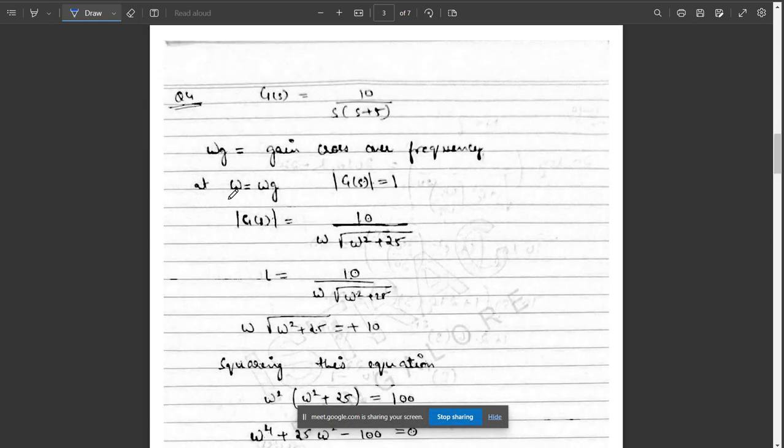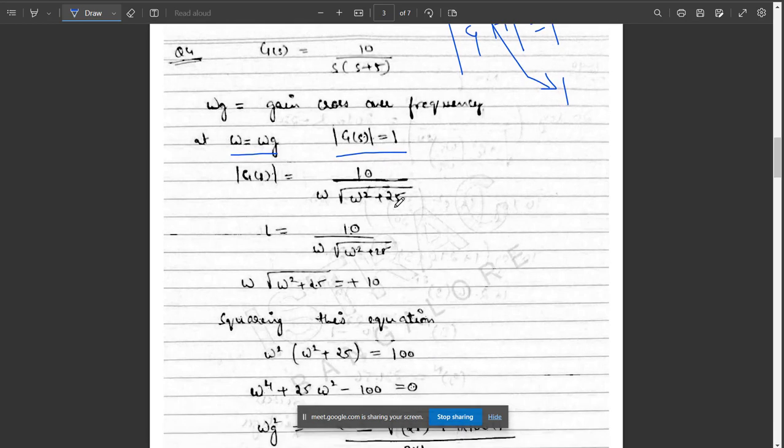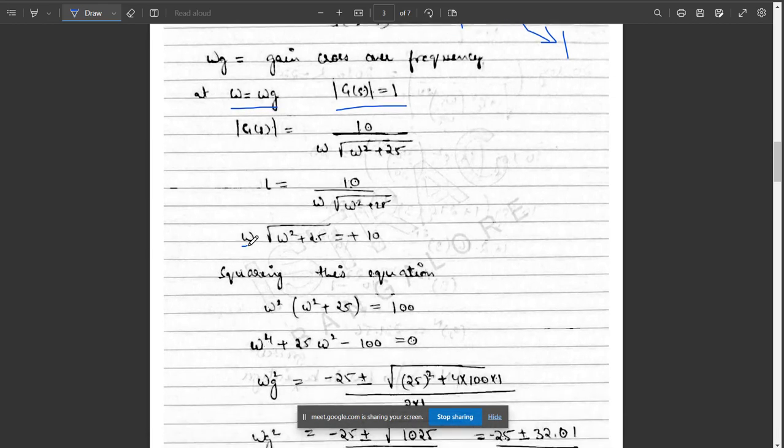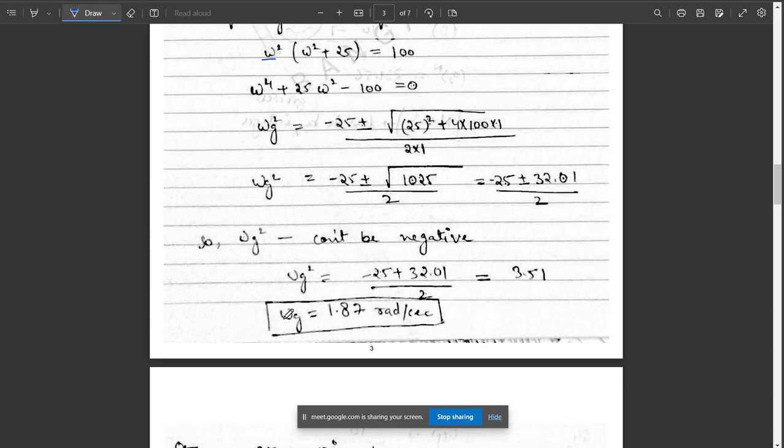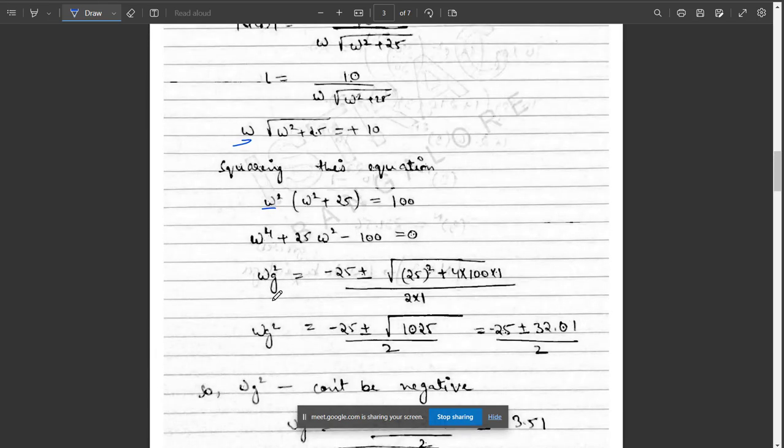As I said, at omega equals omega g, the gain G(s)H(s) should be equal to 1, right? Now since the feedback is already 1, mod of G(s) will be equal to 1. From here we will find the value of omega, and that omega will be the value of gain crossover frequency.